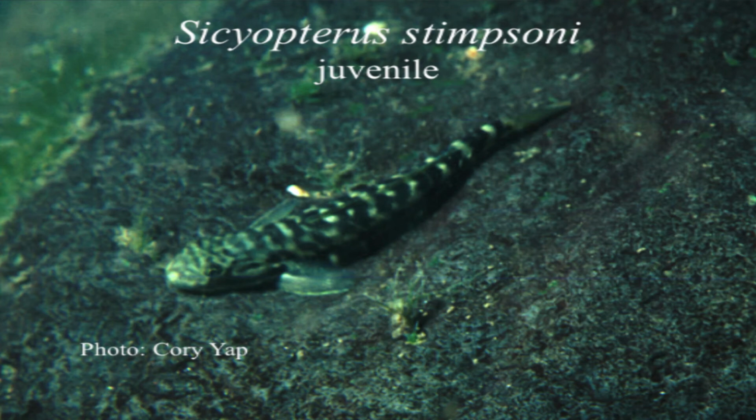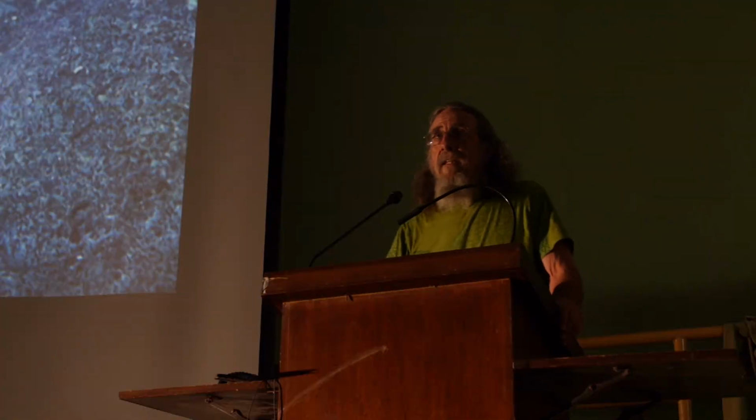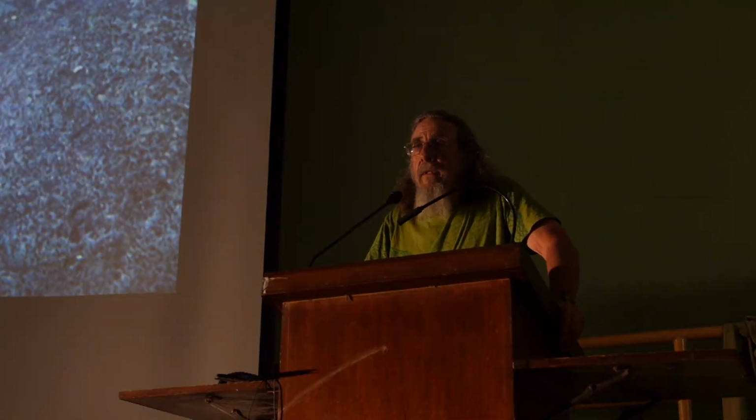Okay, this is a juvenile. This one doesn't show it, but they have this kind of checkerboard coloring, and their mouth hasn't quite become totally terminal. Another really interesting thing about these fish is when they recruit to a stream, which I haven't told you about yet, but you know it's coming, they look like regular little planktonic larval fish.